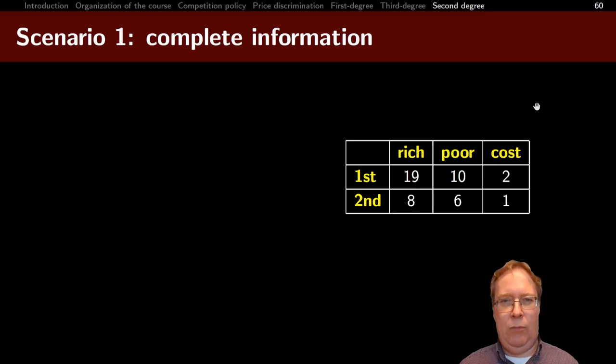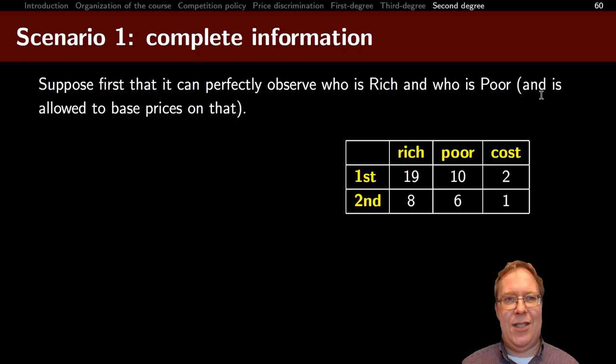Okay, so the easiest way forward is to first assume that there is complete information. In other words, suppose that the railroad company can perfectly observe who is rich and who is poor, and it is also allowed to base its prices on that.